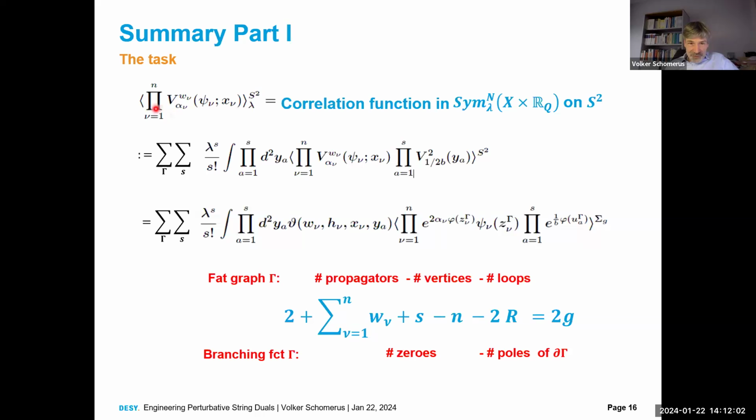So we want to compute correlation functions of these fields in the symmetric product orbifold for any set of cycle lengths w, any set of alpha parameters that refer to this Liouville or linear dilaton momentum, any set of psi states in the matter X theory, and with this parameter lambda turned on. Lambda is, as you see, sort of the strength of this interaction.